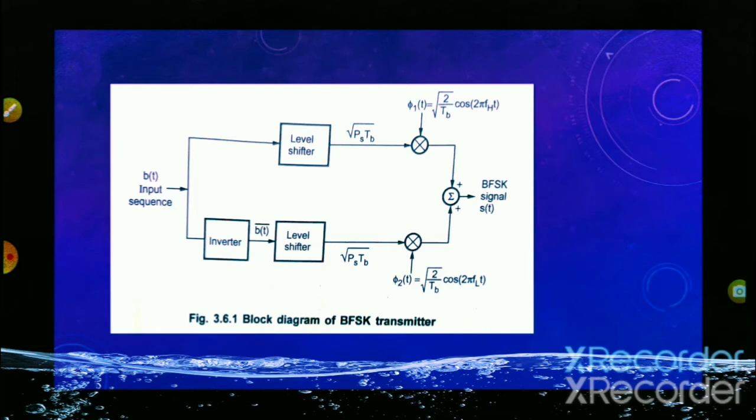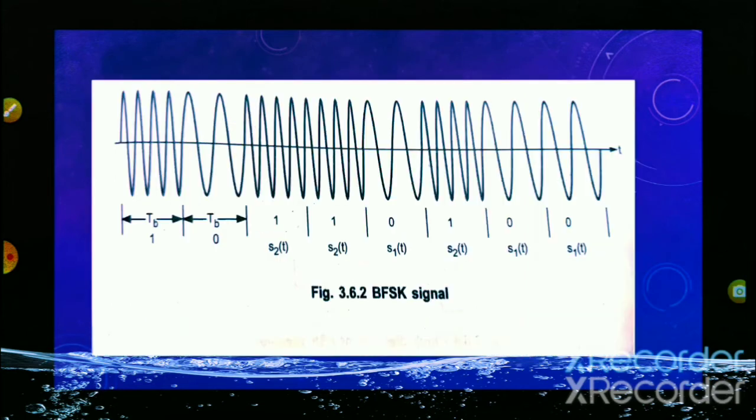Phi 1 of t and phi 2 of t are orthogonal to each other. In 1 bit period TB of the input signal, phi 1 of t and phi 2 of t have an integral number of cycles. The waveform of the BFSK system is shown.